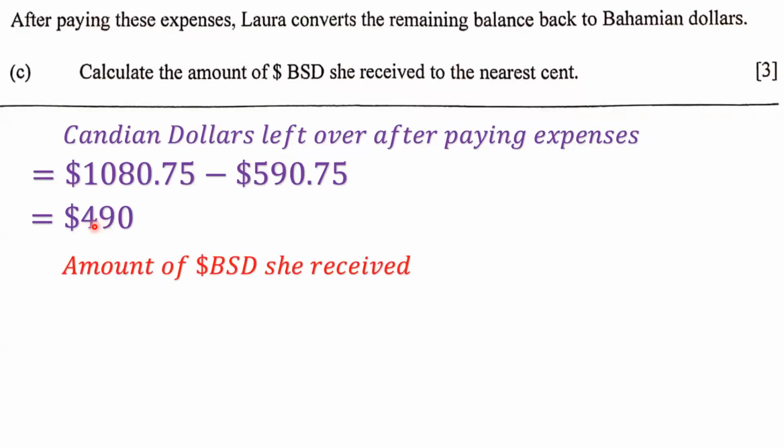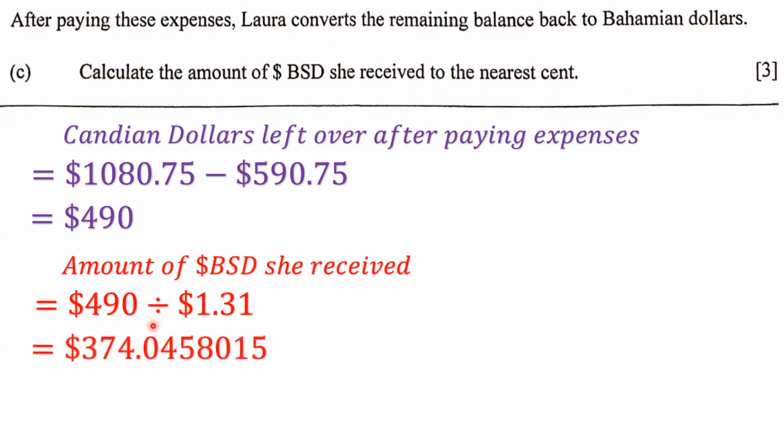And so in order to figure out the amount of Bahamian dollars she received, we're going to take this 490 and convert it back into Bahamian dollars. In order to do that, we're going to say $490 divided by $1.31. So $490 divided by 1.31, and we get $374.045815.